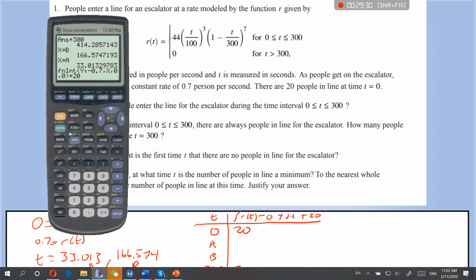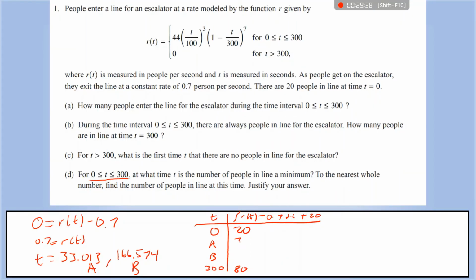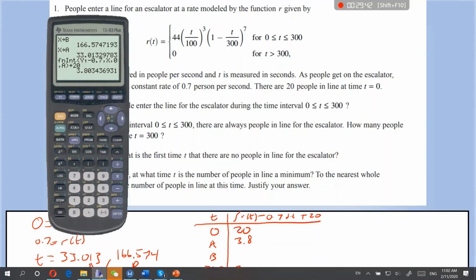A, perfect. So that's about 3 people. That's pretty low. Then we'll do the same thing, stopping at B. Okay, 158 people.